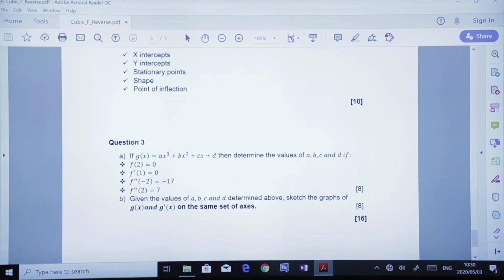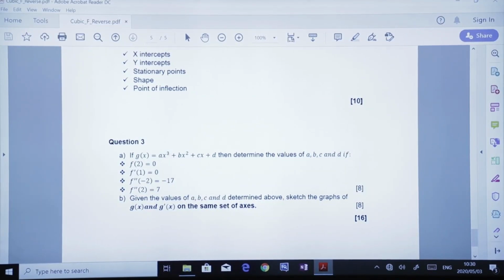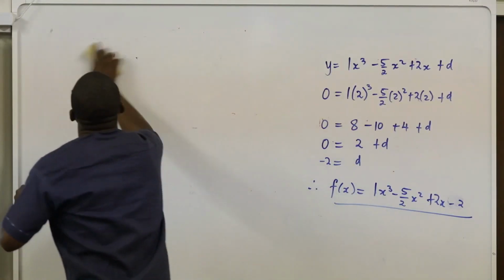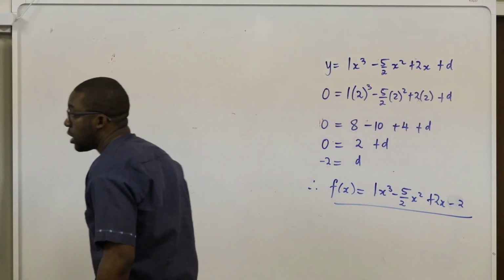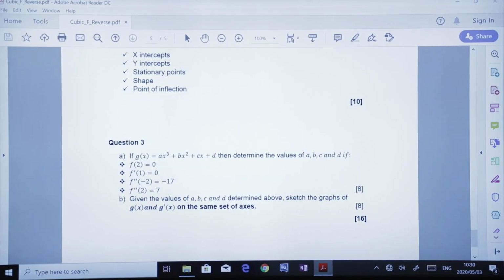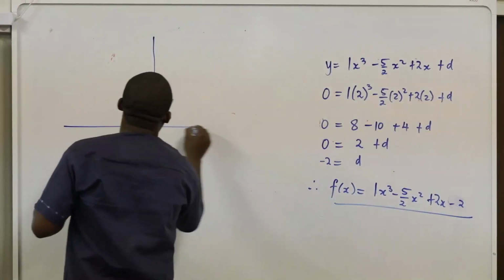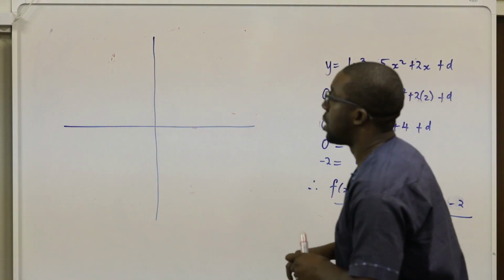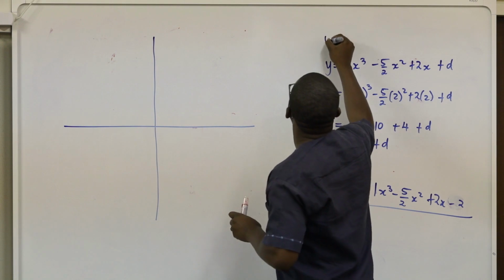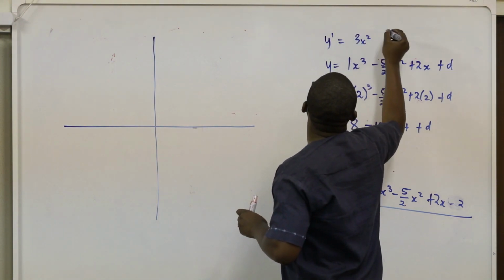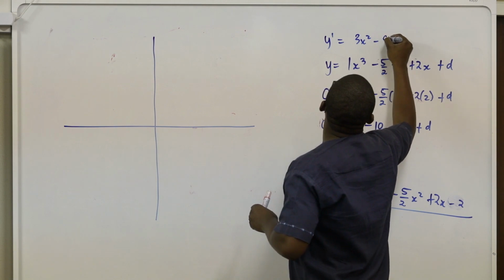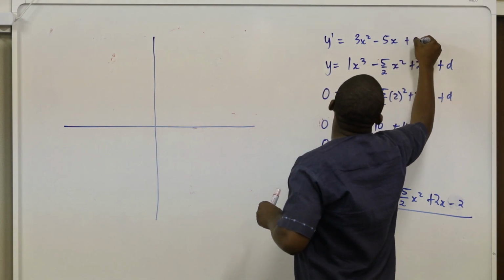That is a question where you are constantly solving multiple simultaneous equations, and it ends in you having to sketch. Given the values determined above, sketch the graphs on the same set of axes. So on the same set of axes, I now have to sketch the graph. f prime was going to be 3x squared minus 5x plus 2.